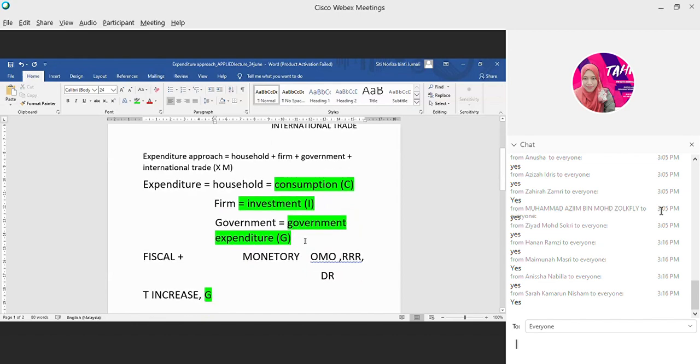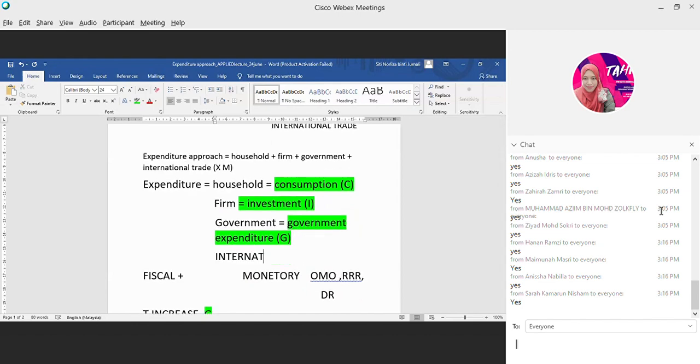The last one is international trade. International trade involves export and import.